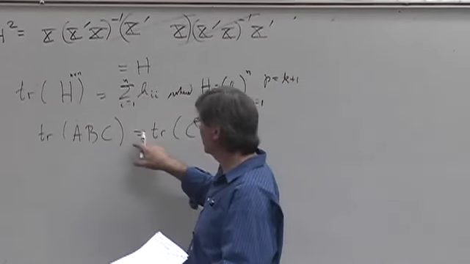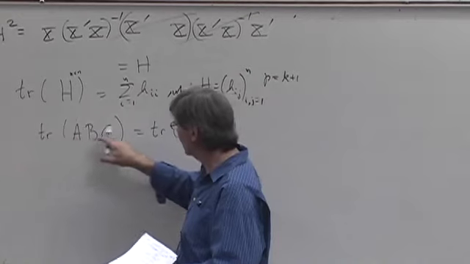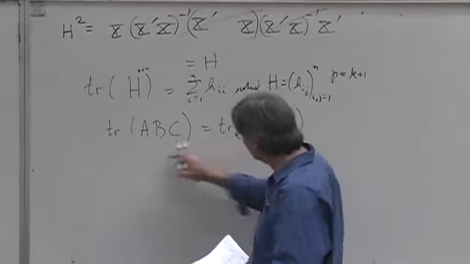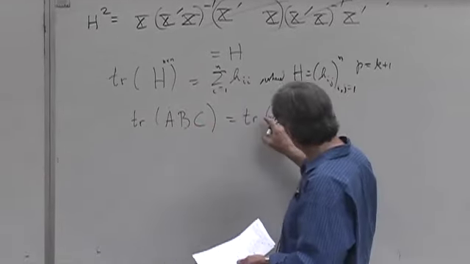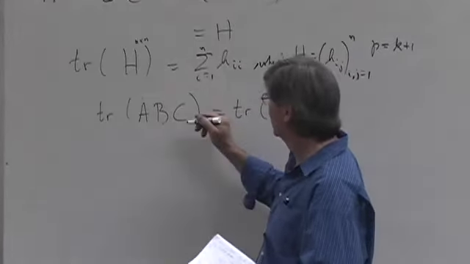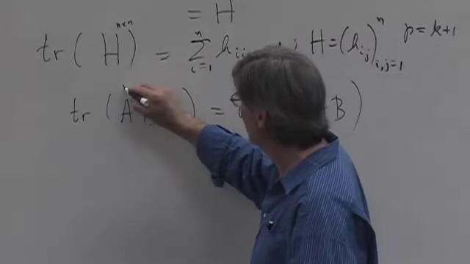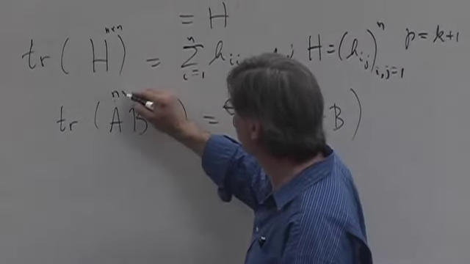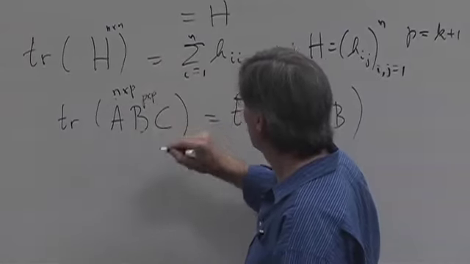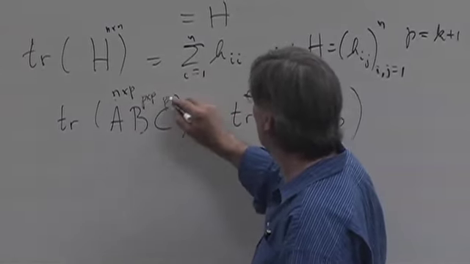So the formula is, as long as I can cyclically permute the factors. A, B, C, I can put the C back in front, then I can put the B back in front, as long as all these products make sense dimension-wise. So here, let's take A equals X, which is n by P. B is P by P, and C is P by n.